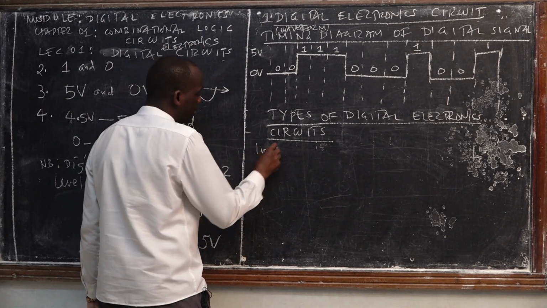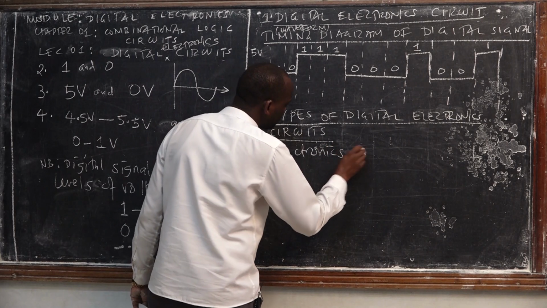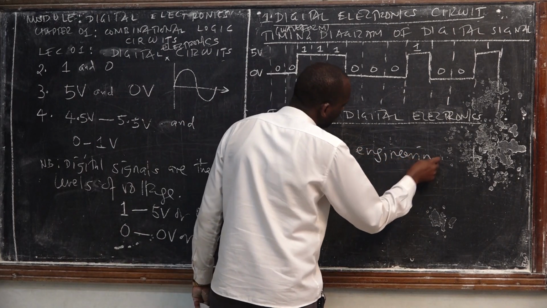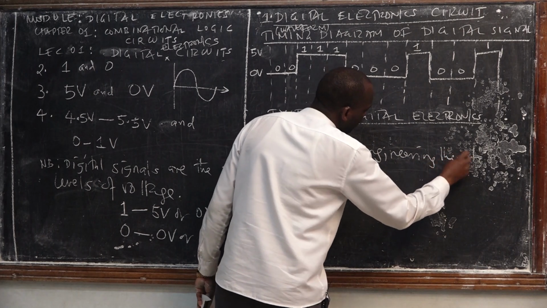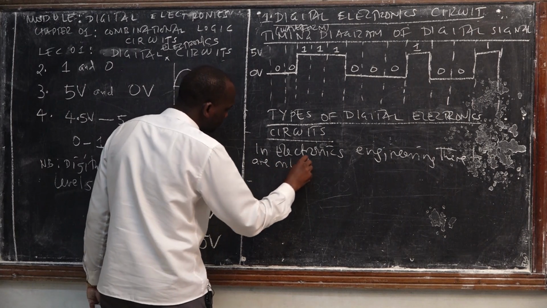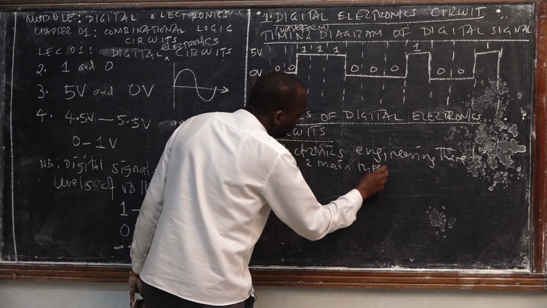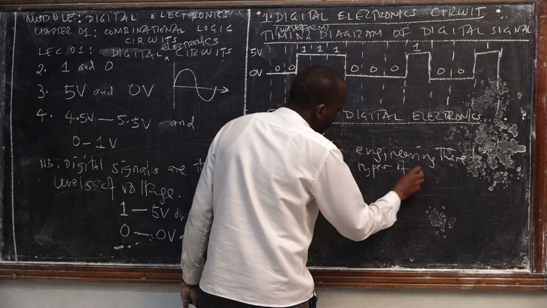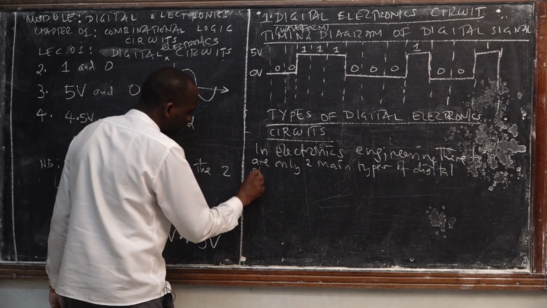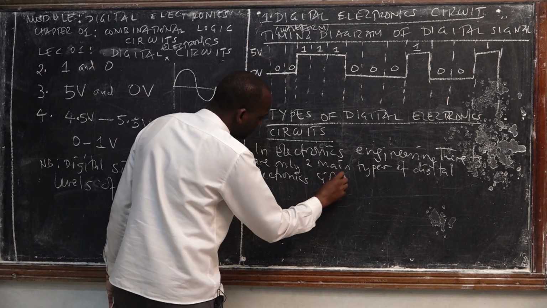So, in electronics engineering, there are only 2 main types of digital electronics circuits.